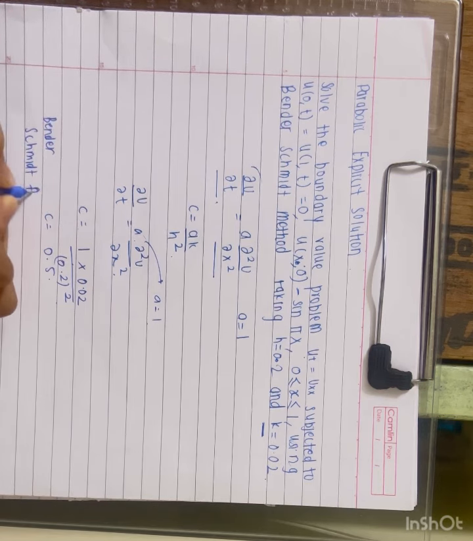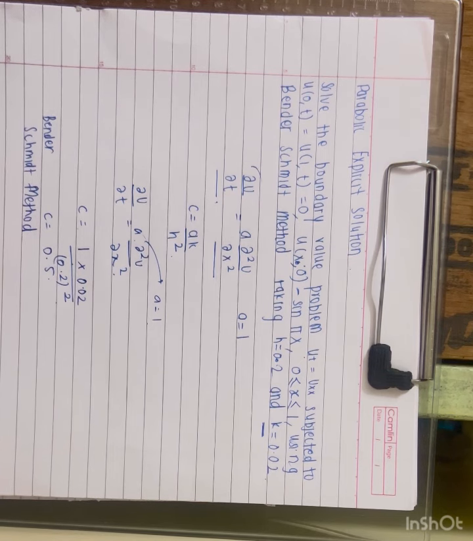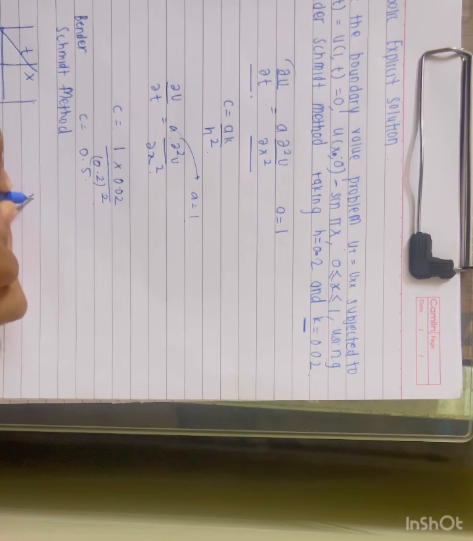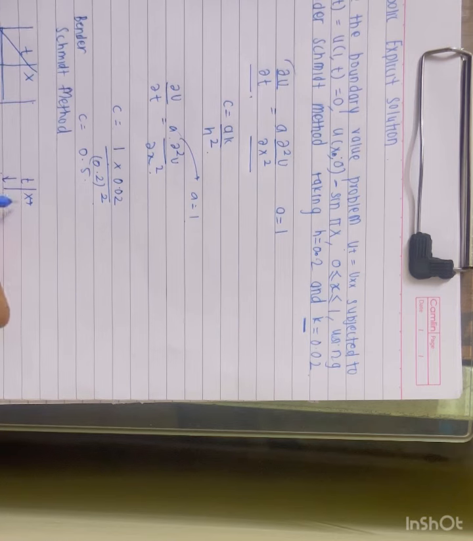Now what is the Bender-Schmidt formula? In the Bender-Schmidt formula, you write the values of x and the values of t. My bad, I have not written it properly. So here are the values of t, here the values of x.